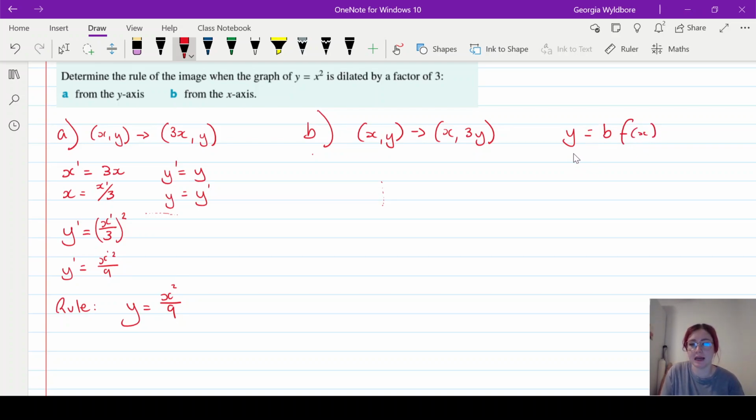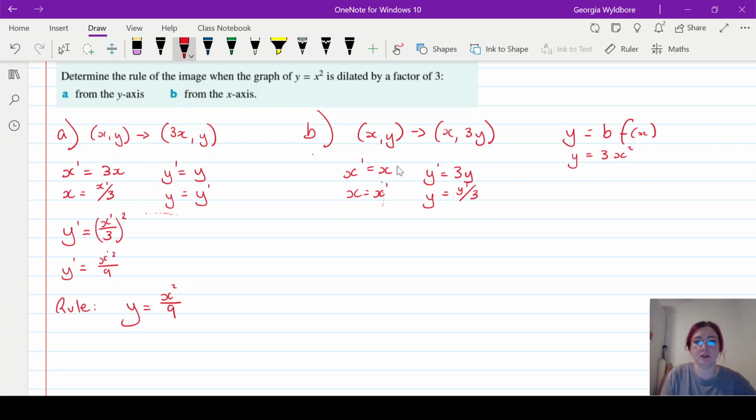So what we're expecting to end up with here would be y equals 3x squared, right? Just using our rule. To work that out, we know that x dash is going to equal x, y dash equals 3y. So again, we rearrange: x equals x dash, y is going to equal y dash over 3.